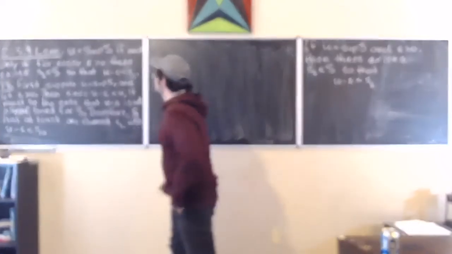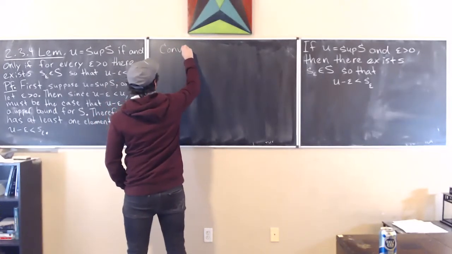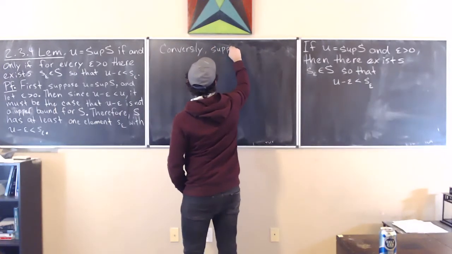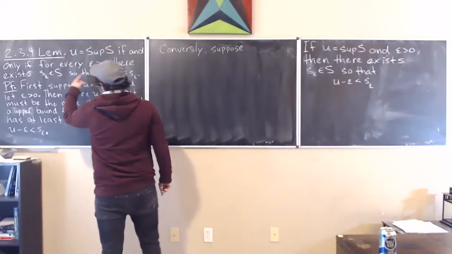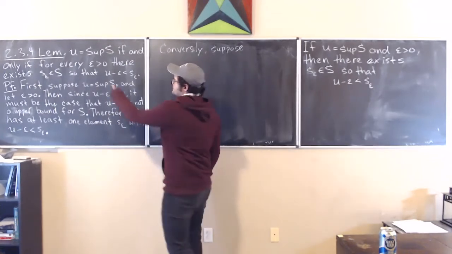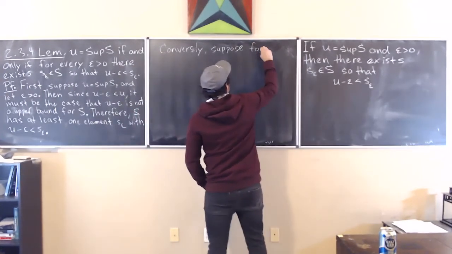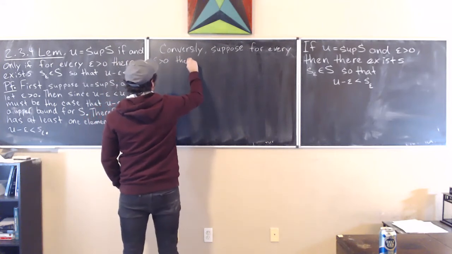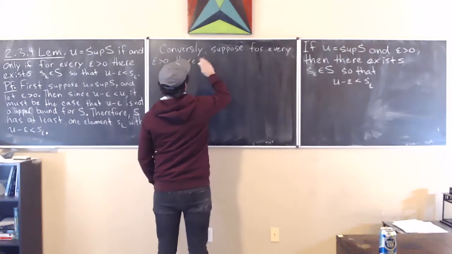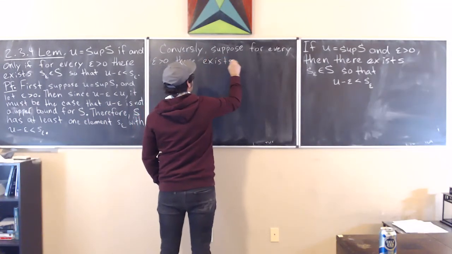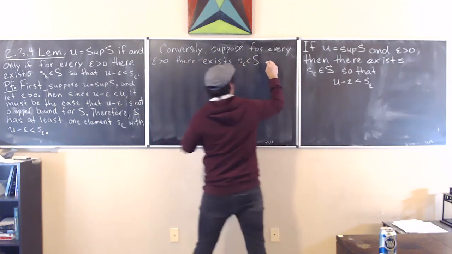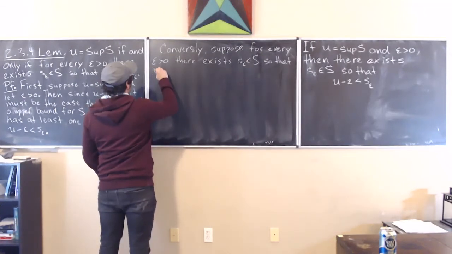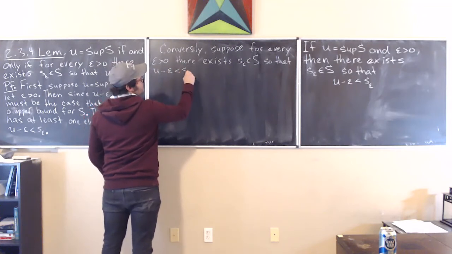So conversely, suppose that for every epsilon, there exists some element S sub epsilon contained in big S, so that U minus epsilon is less than S sub epsilon.